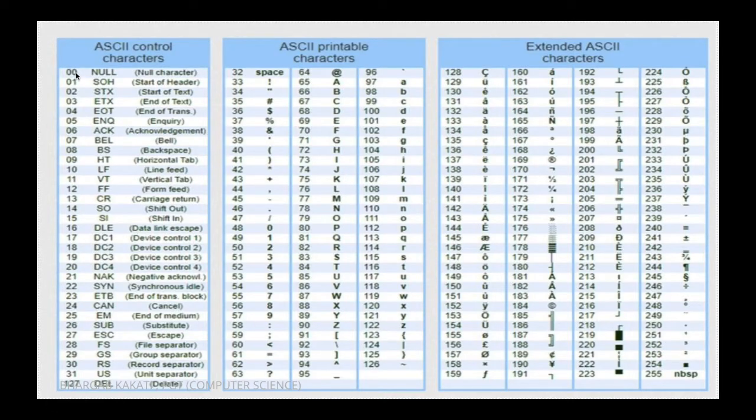We have a total of 256 characters here, and our main point of discussion now is the alphabets. Capital A has an ASCII value of 65 and capital Z has an ASCII value of 90. So this is the range of the capital alphabets. If I talk about the small characters, their ASCII values range from 97 to 122.